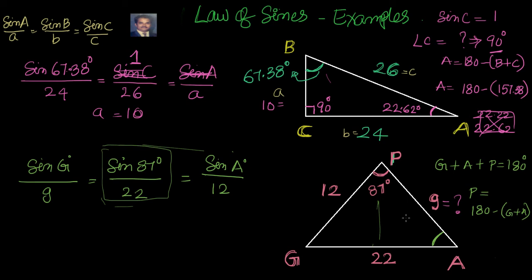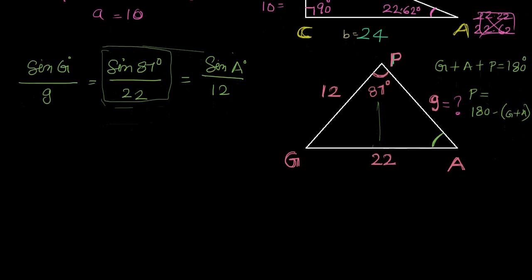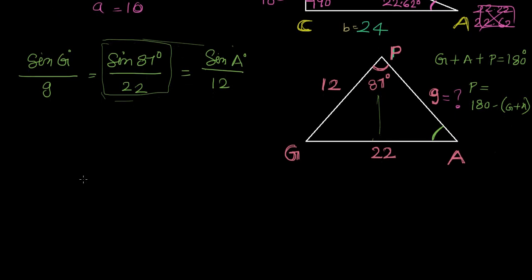To find out angle A, let me move a little bit down so that you are comfortable and we get some space also. Okay, so sine of 87 by 22. So first my target is to find out A. So I will say sine of A is equal to 12 by 22 into sine of 87.